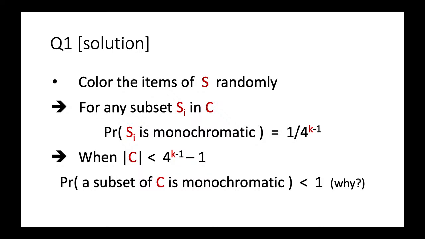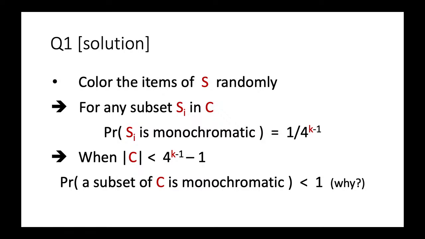But by the union bound, this probability is less than or equal to the probability that S1 is monochromatic plus the probability that S2 is monochromatic plus the probability that S3 is monochromatic, and so on. Because there aren't many subsets here, this summation will be less than this number multiplied with this number, so it is strictly less than 1.